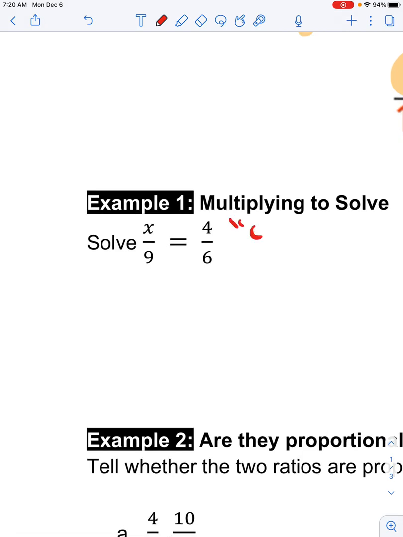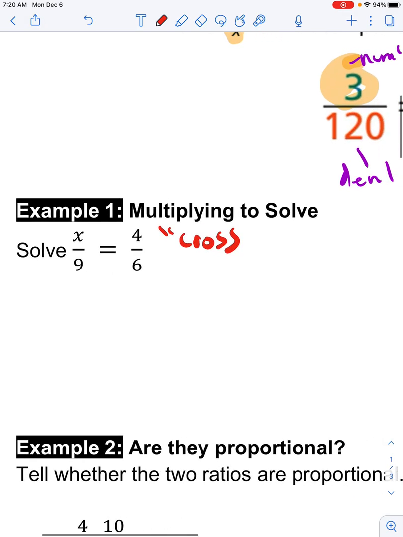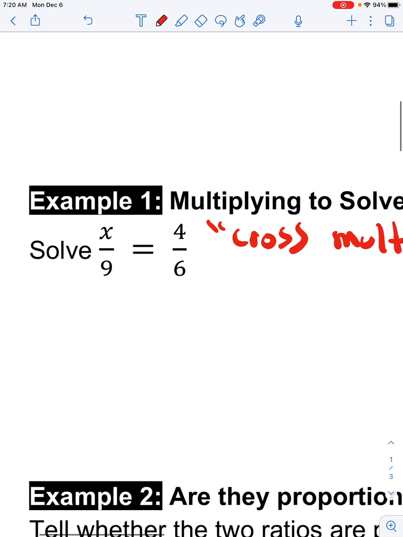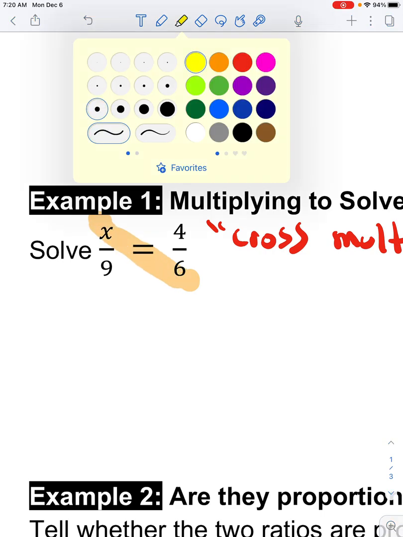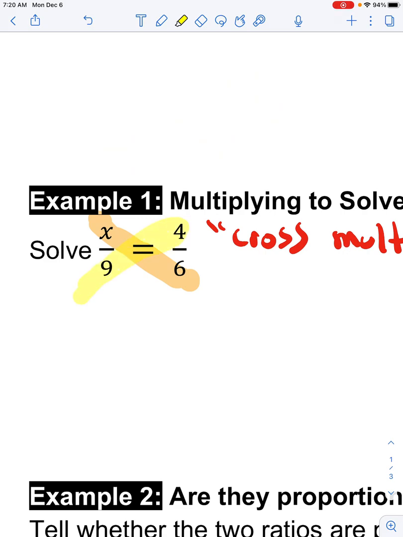Now we have a strategy to solve this, and we call it cross multiply. So my strategy is I'm going to take my two numbers that are across from each other and multiply those together. And then I'm going to take my other two numbers that are across from each other and multiply those.